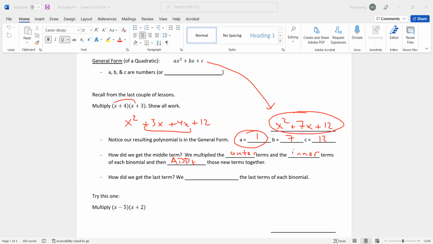And I'm writing this in all caps because I want that to stand out. How did we get the last terms? We multiplied the last terms of each binomial. These are extremely important. You're going to need to know those. There's going to be a pattern that's developed with those, giving you a little foreshadowing here.